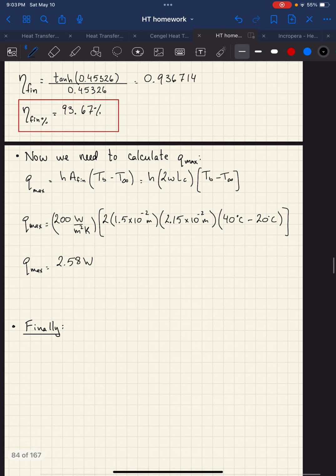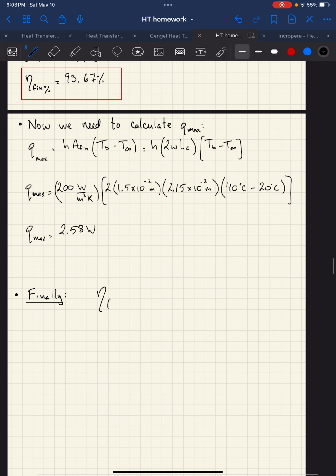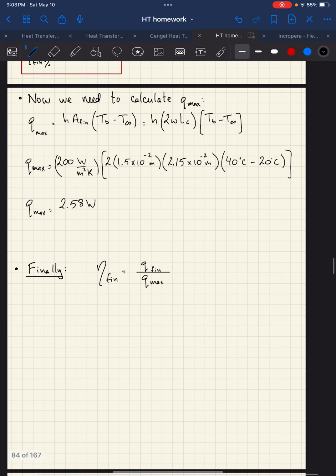So finally, your fin efficiency is basically the real heat transfer of the fin divided by the ideal or maximum heat transfer of the fin. So just solve for Q fin and you're done. Here comes the efficiency of the fin.